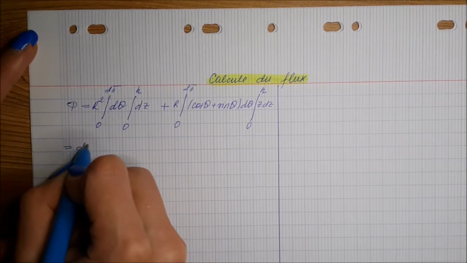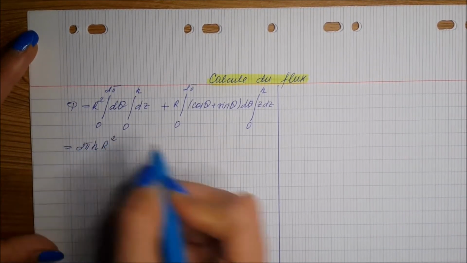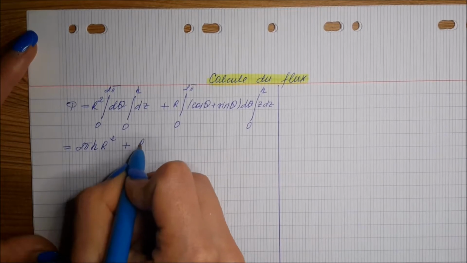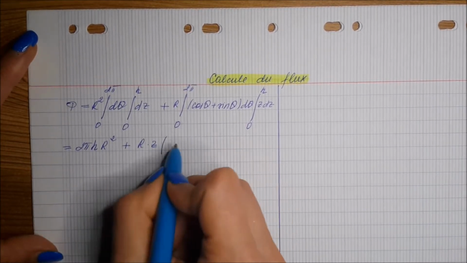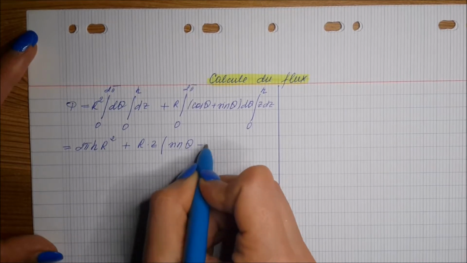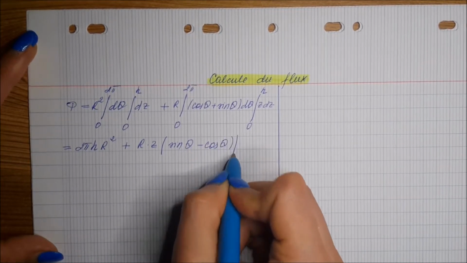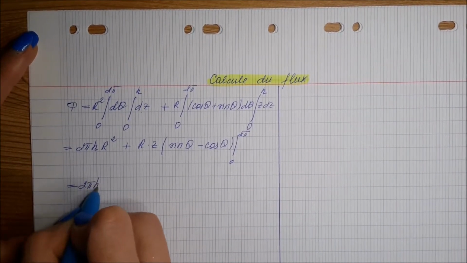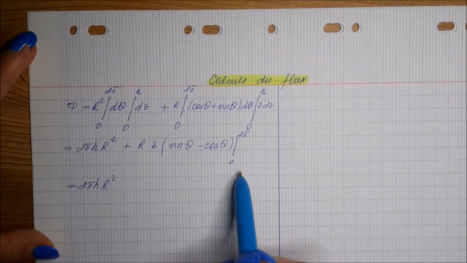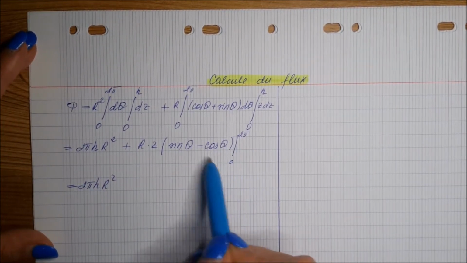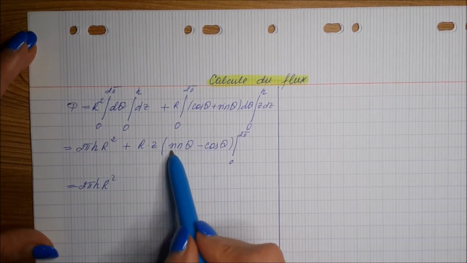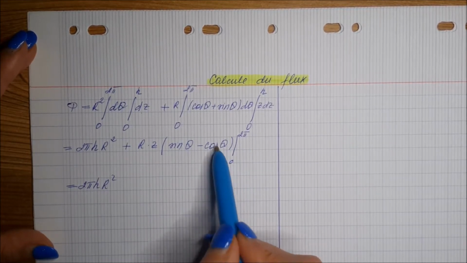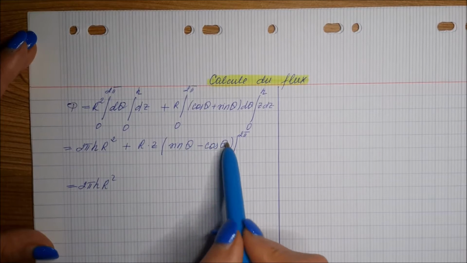So now I will calculate my integral. I will obtain 2 pi times h times r squared, plus another integral, r times z times (sine theta minus cosine theta), and I need to apply the limits 0 and 2 pi, and I will obtain as a result 2 pi h r squared. Indeed, sine of 2 pi equals 0, sine of 0 equals 0, cosine of 2 pi equals 1, minus cosine of 0 equals 1.